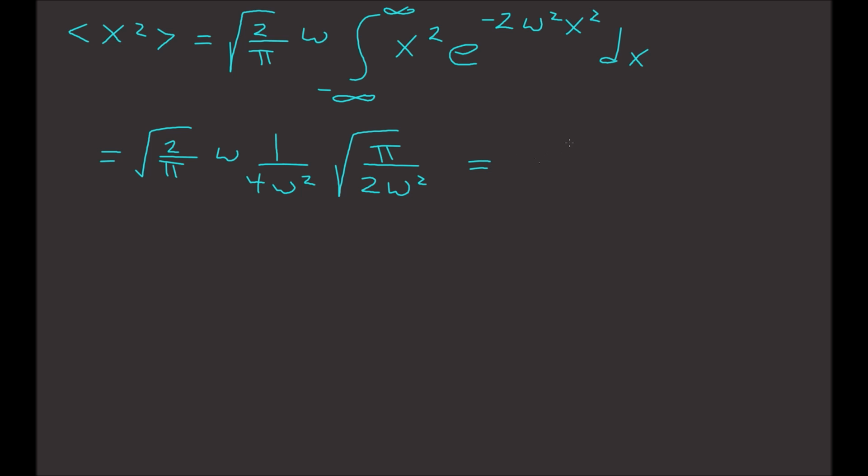Simplifying a little bit further, we have the expectation value of x squared equals 1 divided by 4 omega squared.